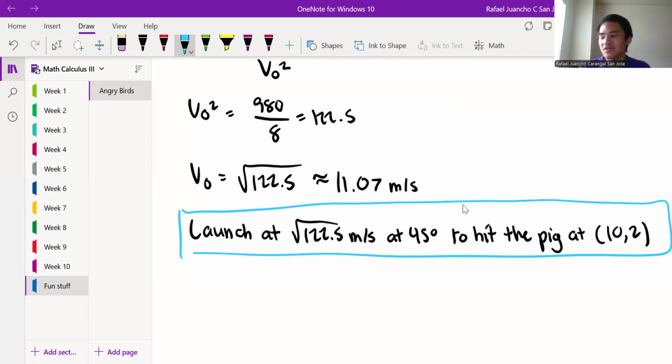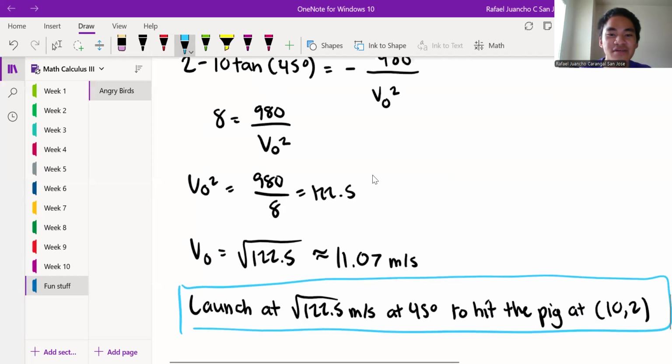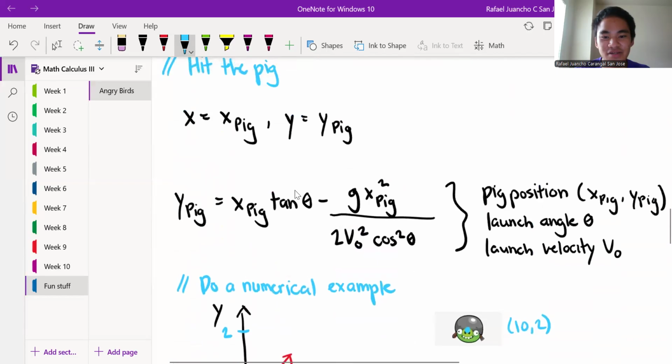And we can do this in other ways. Let's say if we're given the angle and we're given our velocity, what's the 2 points? Actually, it's kind of impossible, but I think we can work it somehow.